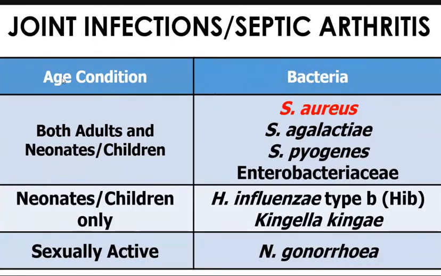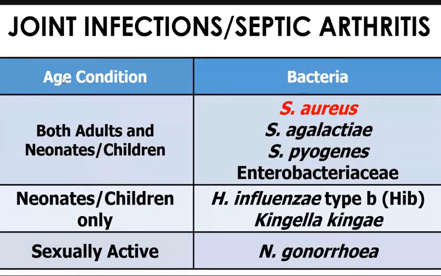So we just have here, just trying to differentiate the condition, di ba sabi natin minsan yung mga age affects also some infections, so that both adults and neonates, including children with septic arthritis, ang causative agent would be Staphylococcus aureus and also Streptococcus agalactiae, Streptococcus pyogenes, and some of our Enterobacteriaceae.